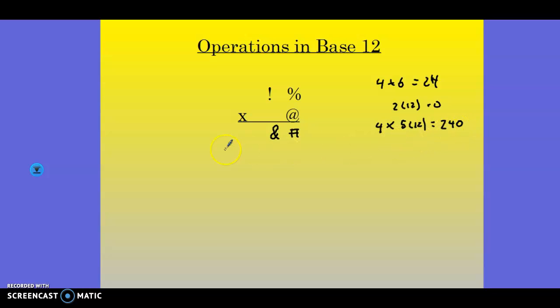That's beyond 144, so we're going to need 144, right? 240 minus 144 is 96.